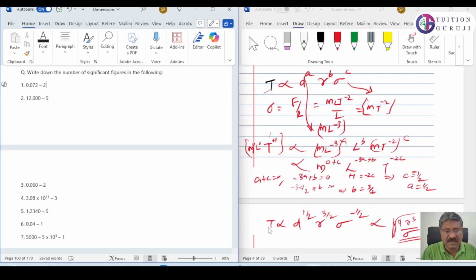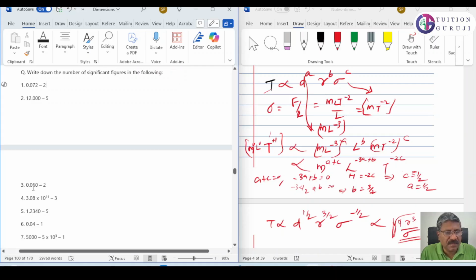Significant figures. So we know that 0.072, there are 2 significant figures. 12.0000, there are 5 significant figures. 0.60, the zeros after the decimal point and before the non-zero digit are insignificant.